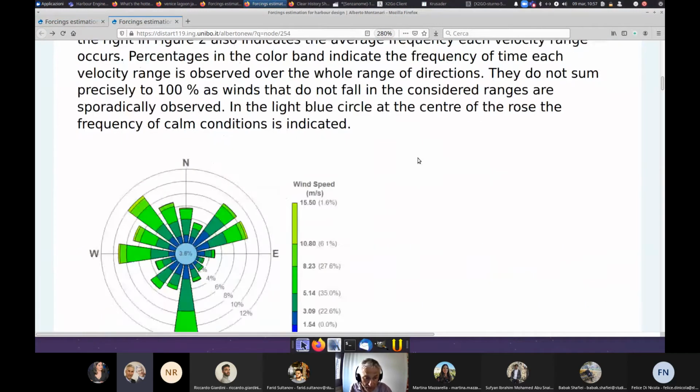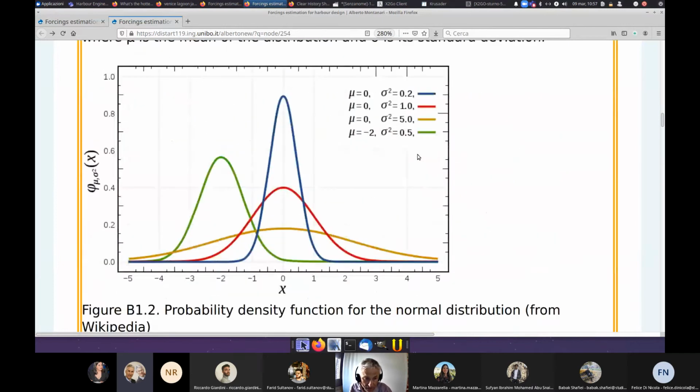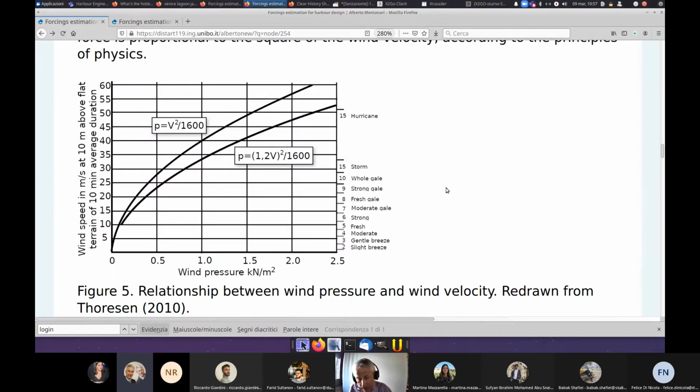It's the Beaufort wind classification scale. Basically, the Beaufort wind force scale is reported in this figure on the right axis, and you can see here the progress of the wind pressure. We should make reference to the lower curve, which is the higher pressure given by a gust factor of 1.2.